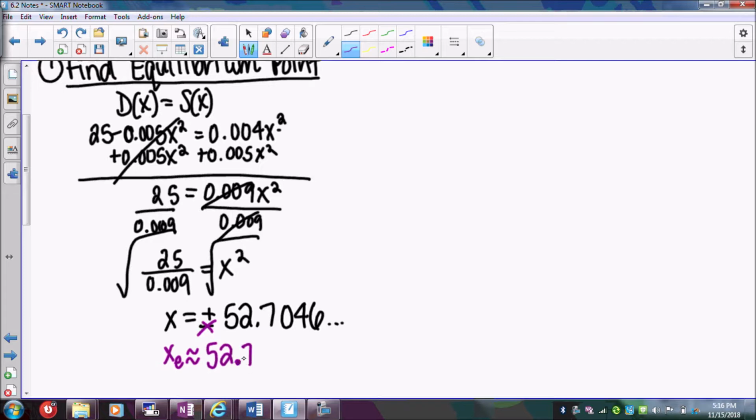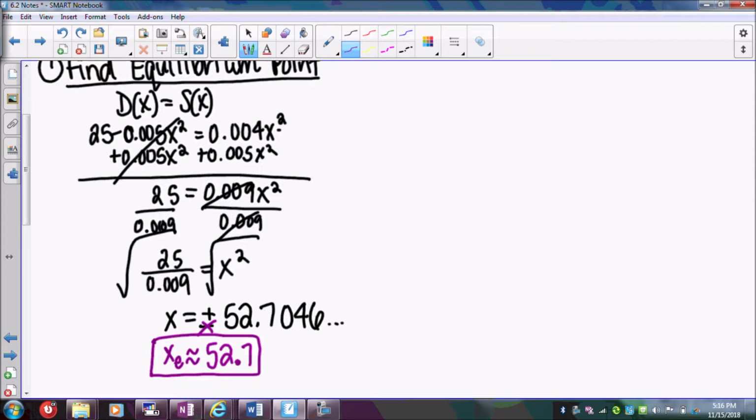I'm just going to round to one decimal place because I don't want to use this entire long decimal as my x value in my bound. So now that I know what x is, now that I solved for x when the two functions are equal, well, I still don't know what p is. So p is actually easy to find, because if this is the x value that makes these equal, plug that into one of those functions to find p.